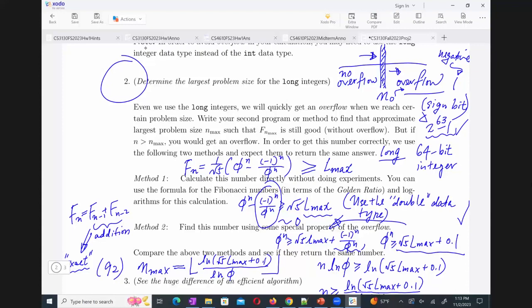For integer computation, it can happen very easily. With n equals 93, you get overflow. So for integer computation, always think about overflow. All right, let me move to the next topic. I already spent too much time.